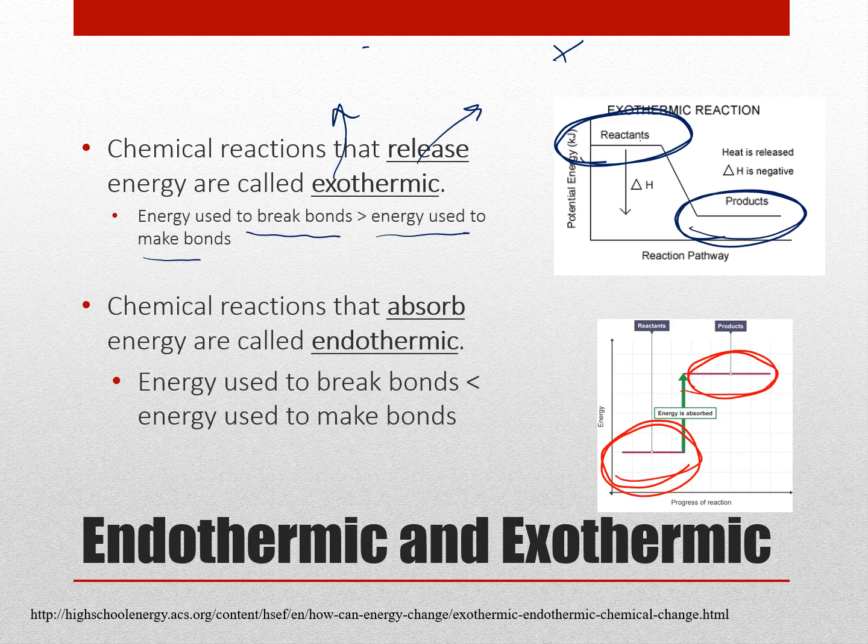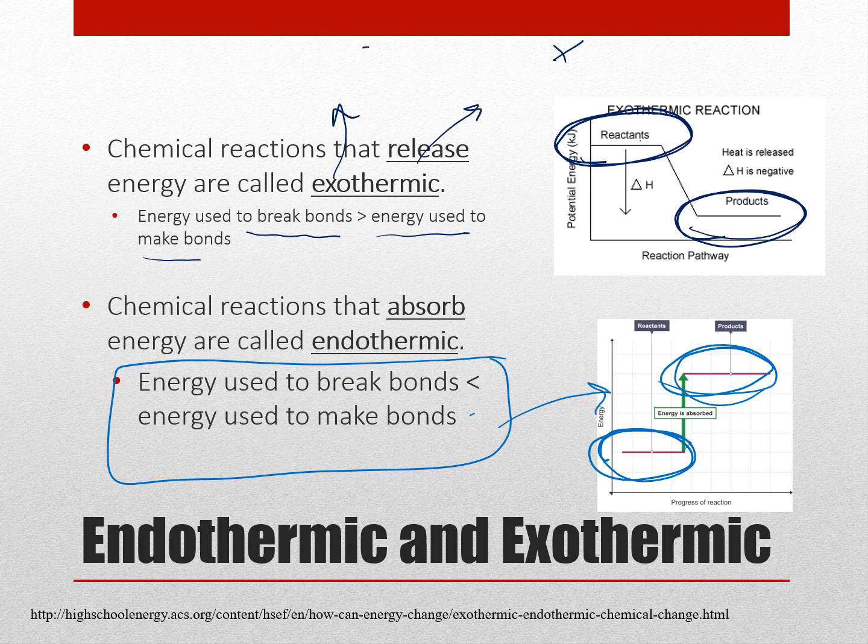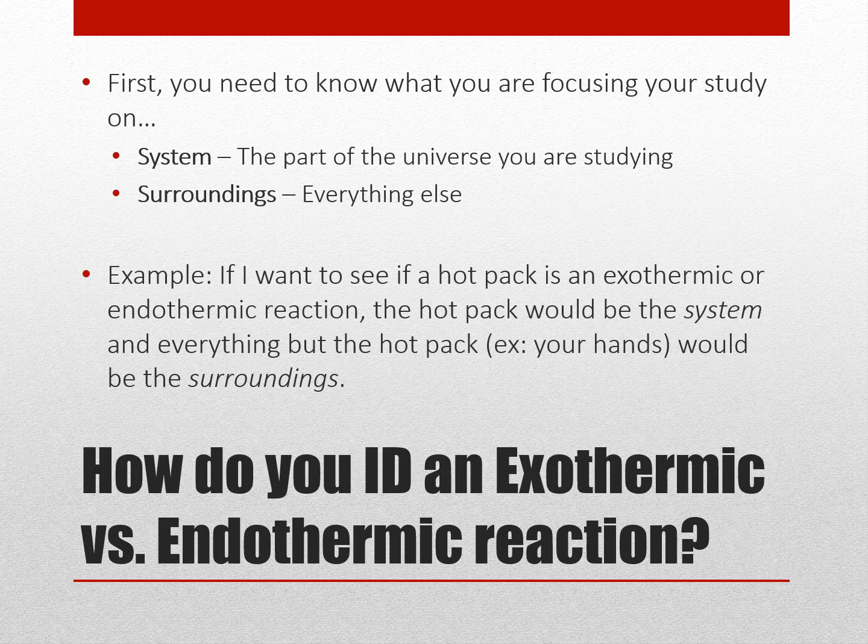In order to transition from lower to upper, I'm obviously going to need to absorb this amount of energy, which means I would have an endothermic process. As far as breaking and making of bonds, the energy used to break the bonds, which is your initial, is less than the energy required to make your new bonds. That's what this is translated into graphical form.